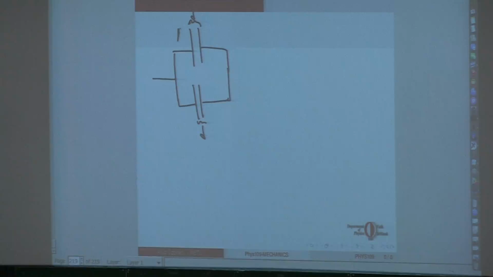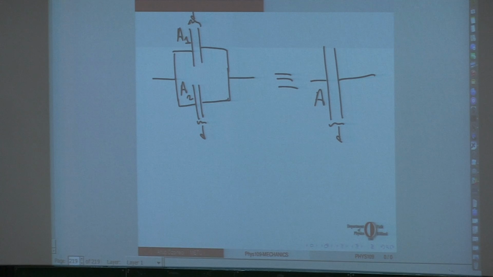This will have area A1 and this will have area A2. If the separations are the same and they have different capacitances, that just means their areas have to be different. But this is the same thing as this one, the same separation, but the area is A1 plus A2. We are summing the areas.